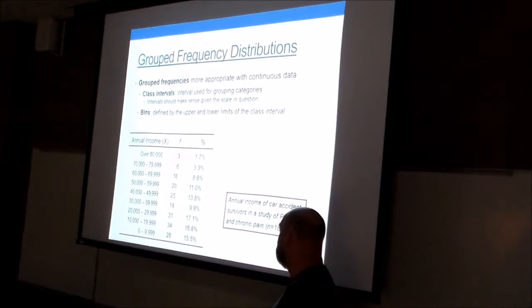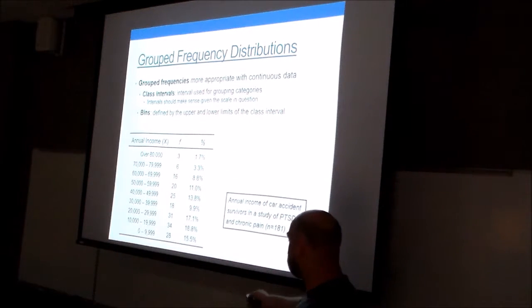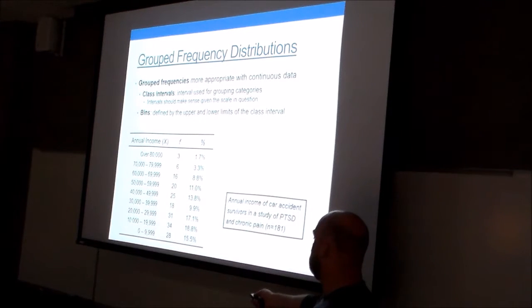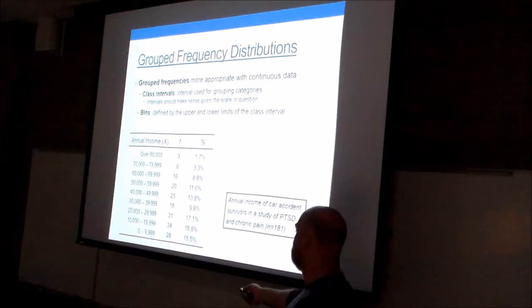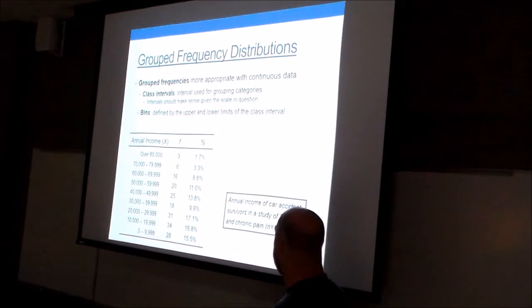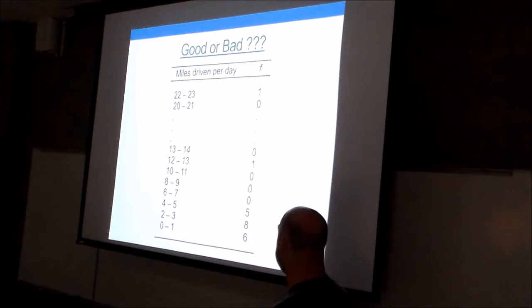Here our class interval is 10,000, so you can divide 10,000, 20,000, and 30,000 by 10,000.